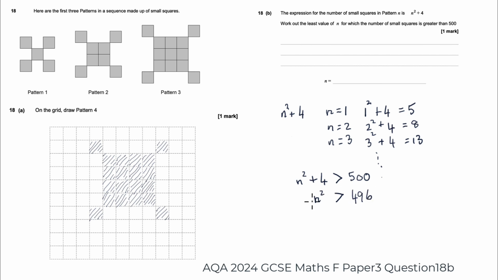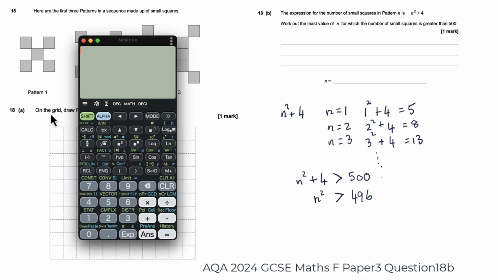In other words, what's the opposite of squaring? That'll be the square root. If we take the square root of 496, we'll see roughly where we are for the value of n. Square root of 496. Well, that's around about 22.